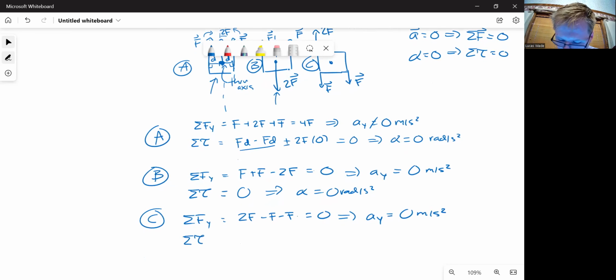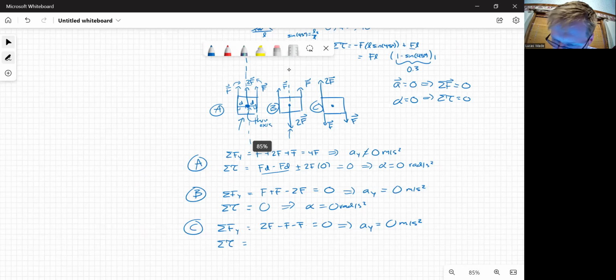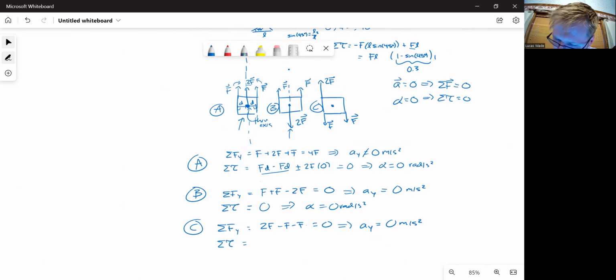But then what is the net torque in this case? Is it clockwise? It is clockwise.